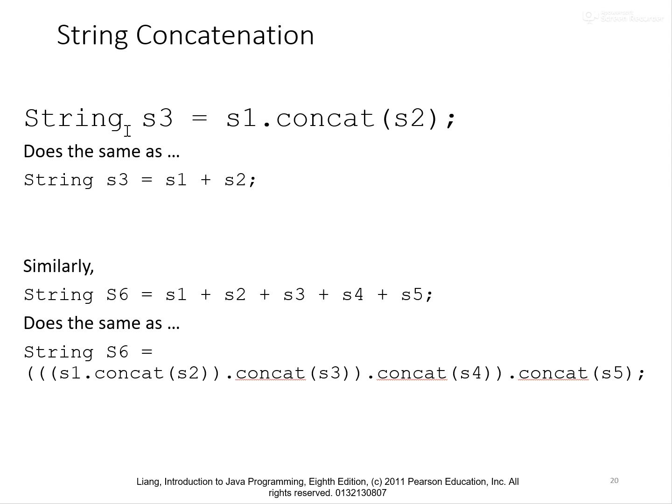If you think this is equally good, consider what you would have to do if you had to concatenate a whole bunch of strings, like 5 strings, and put them into a new string object as 6. If you do that using the concat method, this is the code you would have to write. As you can see, not very readable, not very intuitive. So stick to the addition sign to keep your code readable.